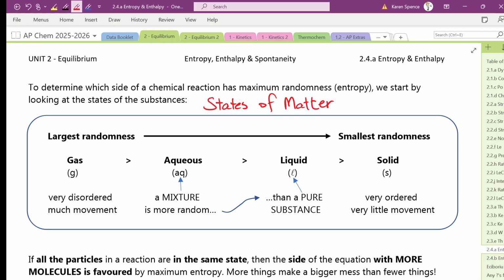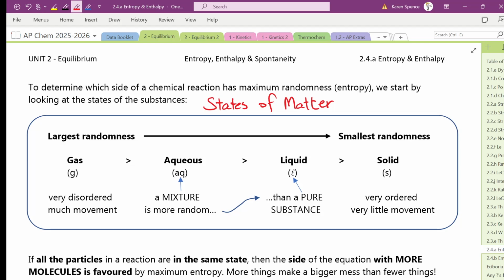And aqueous is less random because if I had a liquid in this container, it can't zoom off to the other side of the room, right? It's stuck in whatever container it has. Liquids are pure substances, so they are less random than mixtures. And solids are very ordered and there is little movement, so they are the least. So if you have different states of matter, go with that, okay?